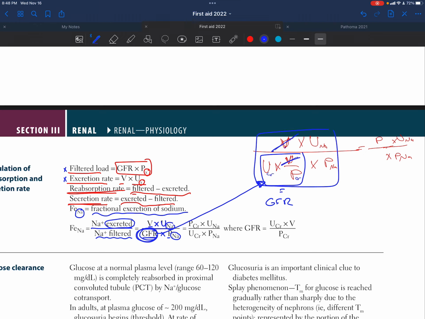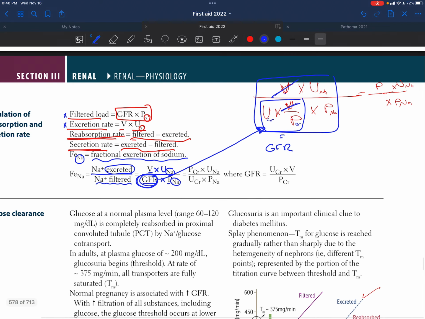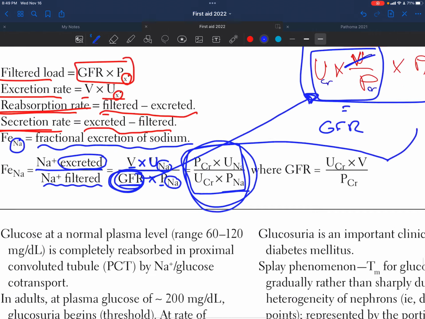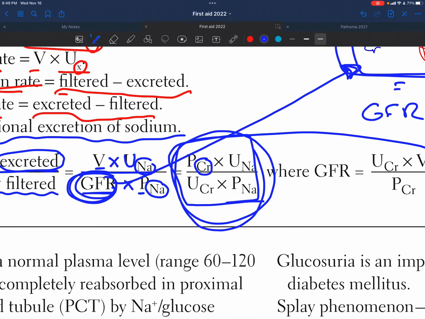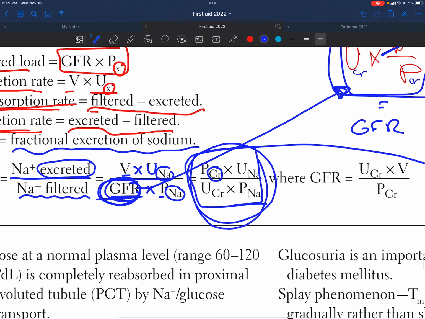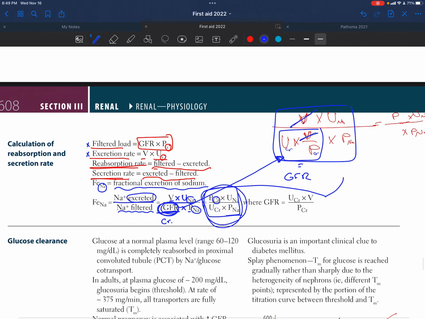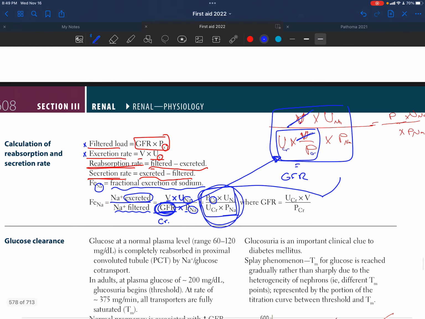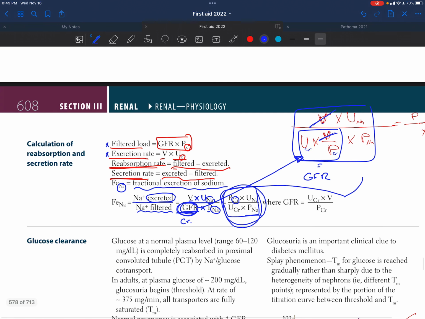We're taking this out, and the whole thing results as this equation. So that's the end result, okay? And of course, we are using creatinine over here because we know that the GFR in clinical settings is measured by the creatinine, okay? So yeah, basically just a matter of math.